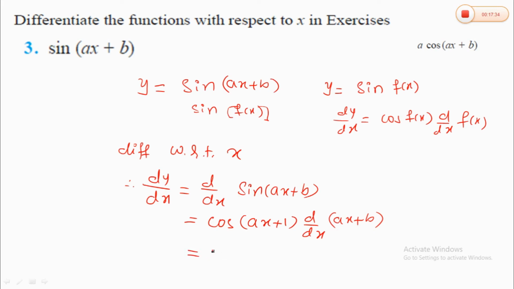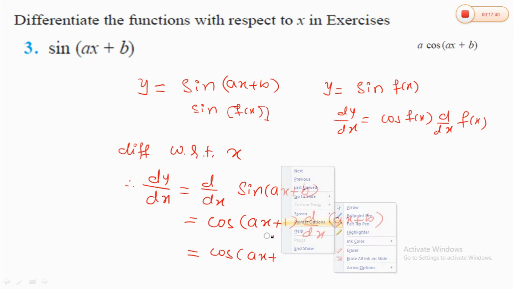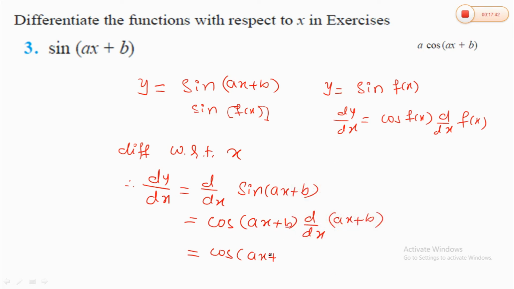This equals cos of ax plus b, and the derivative of ax is a, plus the derivative of the constant b, which is 0. So this equals a cos of ax plus b, which is the answer.